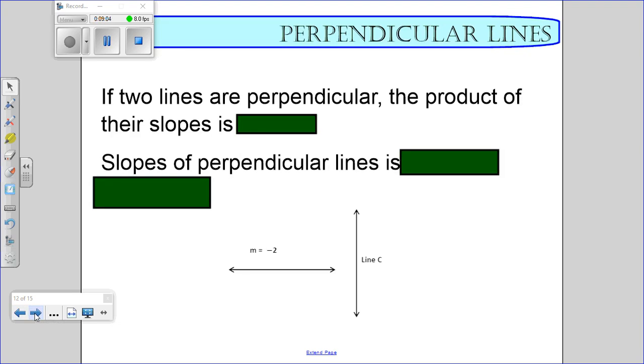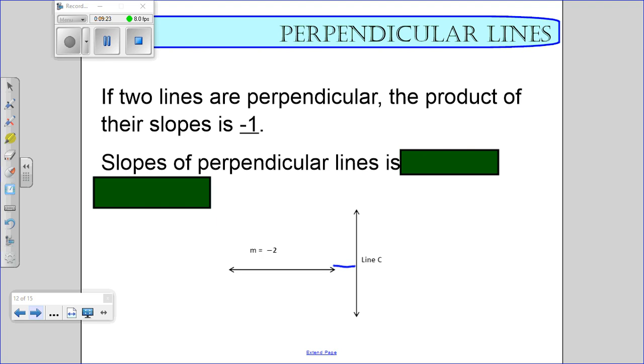All right, moving on to perpendicular lines. Remember, they meet at 90 degrees. Even though these aren't meeting, they eventually will and create our perpendicular lines. So if 2 lines are perpendicular, the product of their slopes is -1.